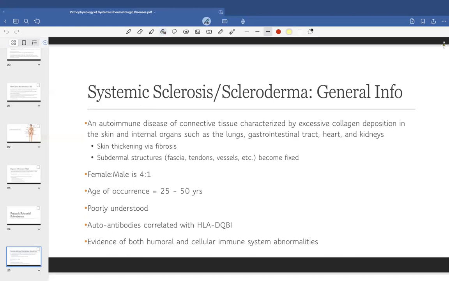Ultimately, you get that stone face because all the ligaments and all those little structures in the subcutaneous region become fixed, so you can no longer contract. They can't smile. They can't have expressions. It's similar to even Parkinsonism. Down the road, when they get the stone faces, they have trouble swallowing the esophagus. They have malabsorption issues. They have respiratory failure and dyspnea.